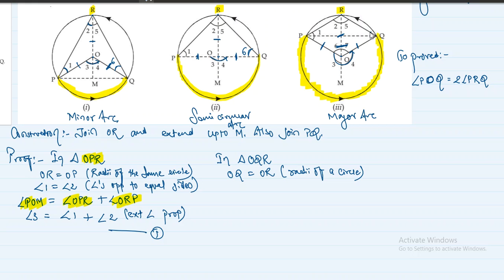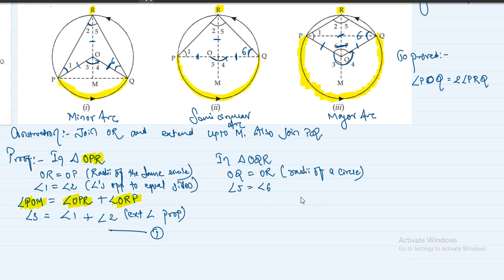Now if we consider this angle, yeah, this is angle 6. Correct? So in triangle OQR, OQ is equal to OR if you can visualize. Right? So can we say that angle 5 is equal to angle 6?